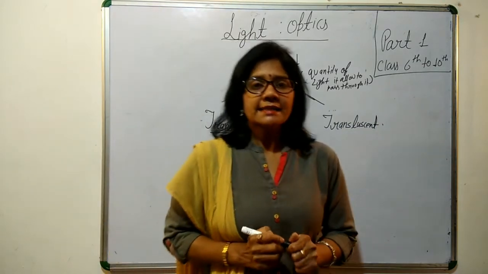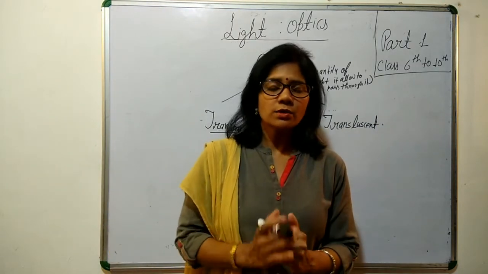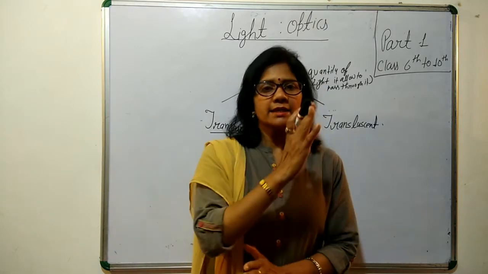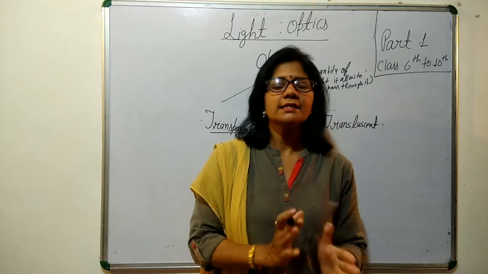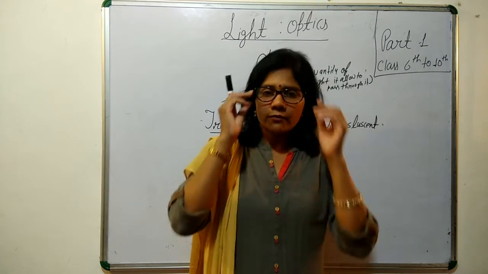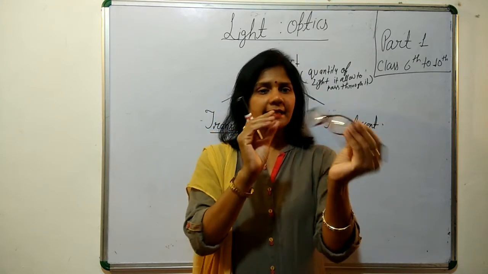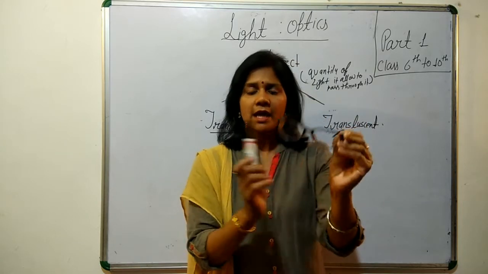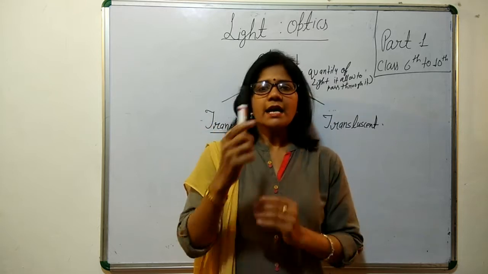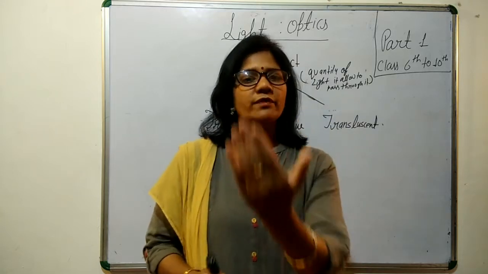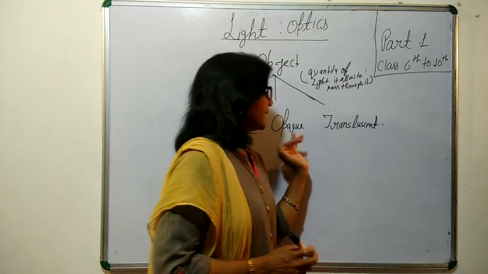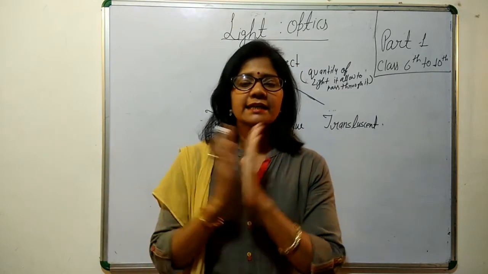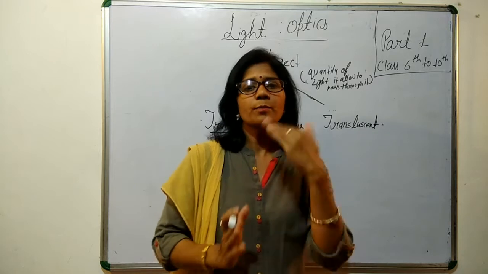Transparent objects are those which allow the light to pass through them. Entire light will pass through or cross it. For example, this fiber is transparent because it allows the light to pass through it and gives a clear image of anything. Then the opaque object. It doesn't allow the light to pass through it.